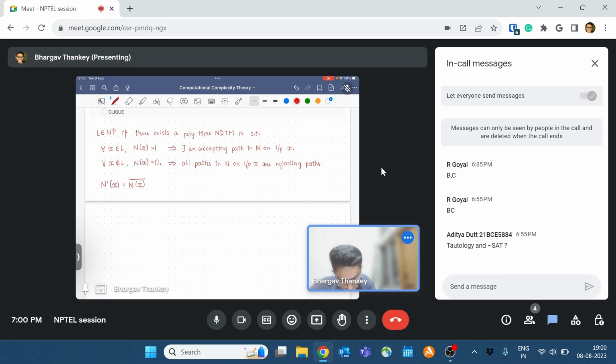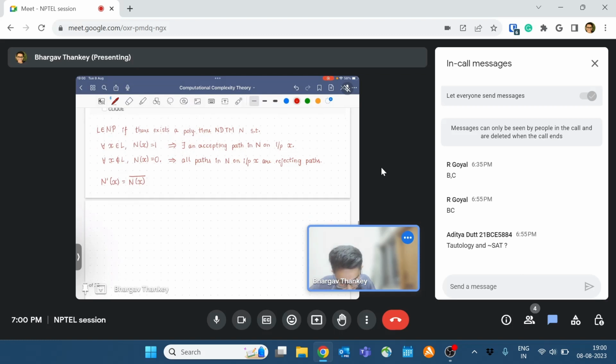This means that N prime(x) is equal to 1 if and only if N(x) equals 0, and these two are if and only ifs.